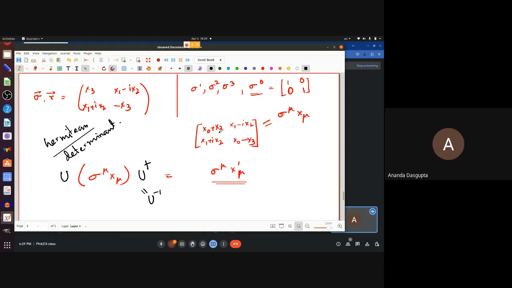But if you do the unitary transformation, all you are getting are Lorentz transformations which do not change the time. And what are they? Rotations, which is something you already knew.